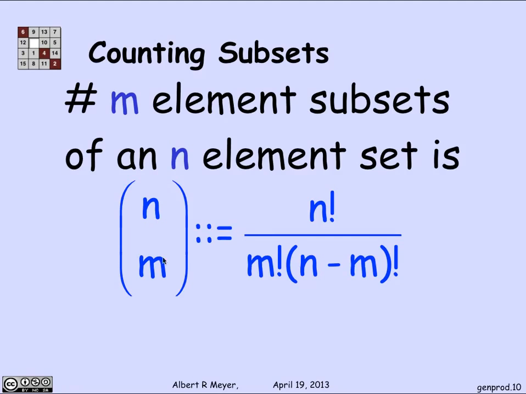And the definition of n choose m is n factorial over m factorial, for the ways to permute the first m elements, times n minus m factorial, for the ways to permute the remaining n minus m elements.